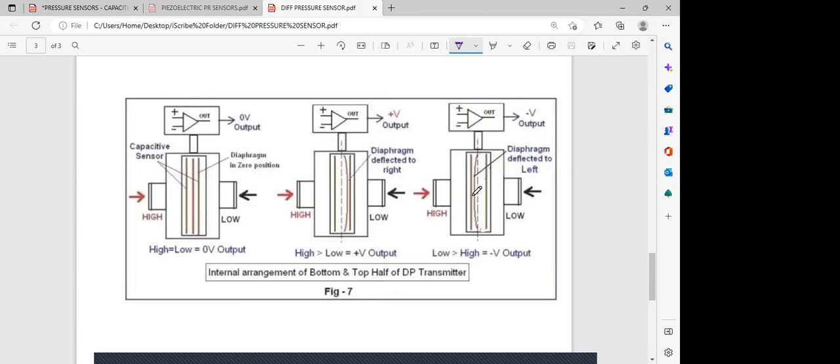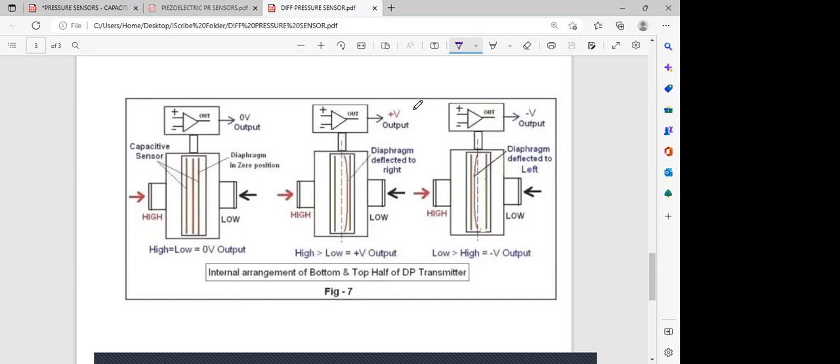Whereas the distance between the fixed plate and the flexible plate on your left-hand side capacitor has decreased. Therefore, the capacitance is going to increase. And so that differential is sent to the differential amplifier, and that will give you a negative voltage out.